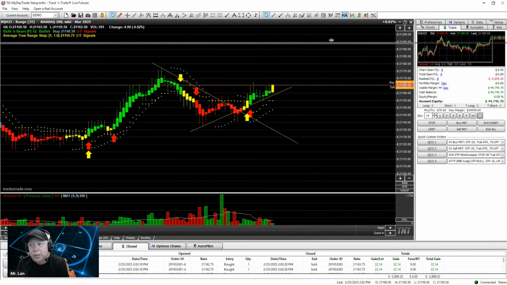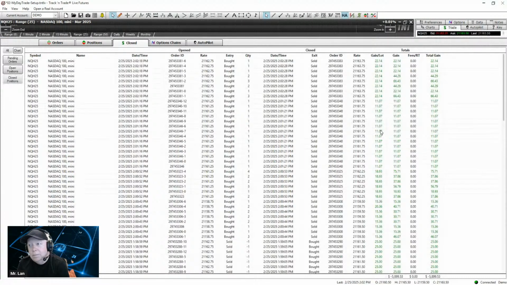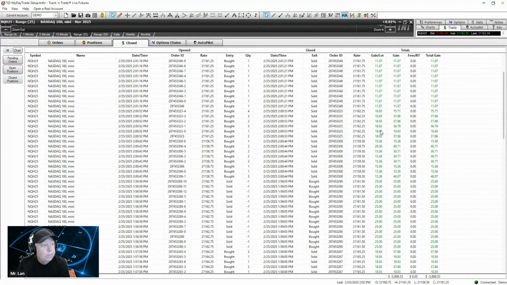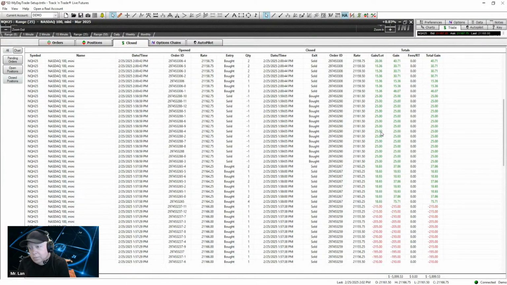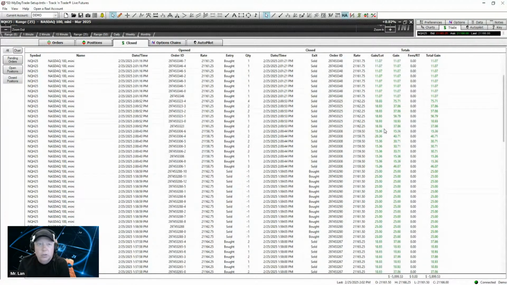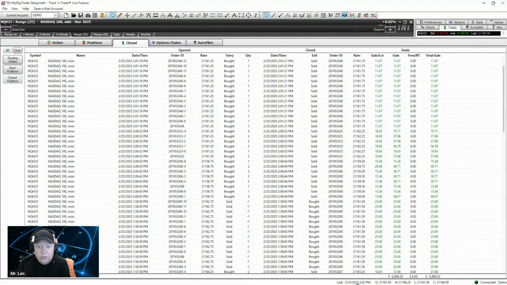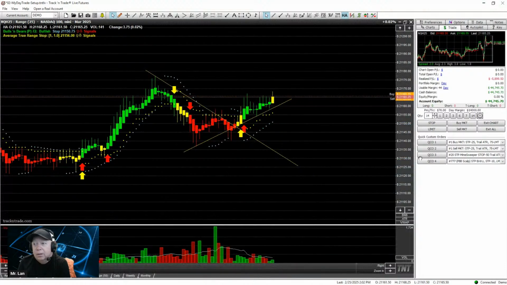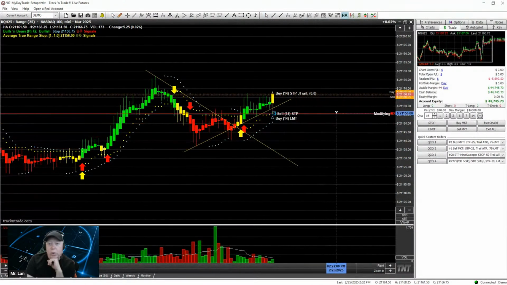Another nice little winning streak. You win small, you lose big when you do this. That's why it's kind of a dangerous strategy. Your risk reward ratios are way off, but your probabilities are way high.